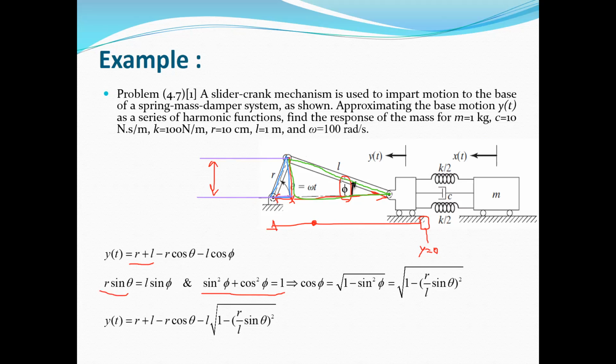And if you write this length in the green triangle, it's equal to L times sine phi. So r sine theta is equal to L sine phi.